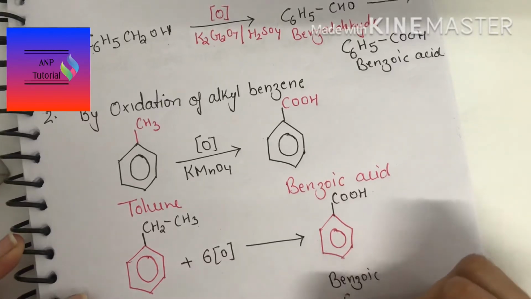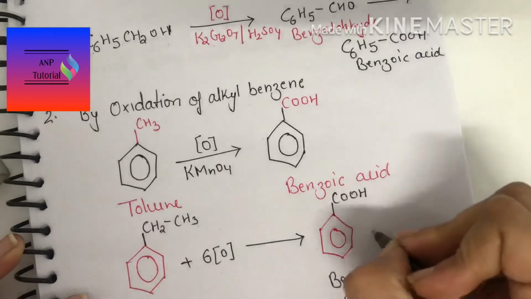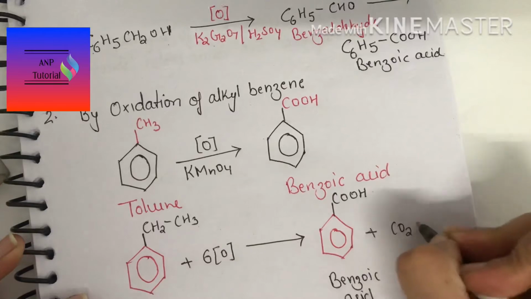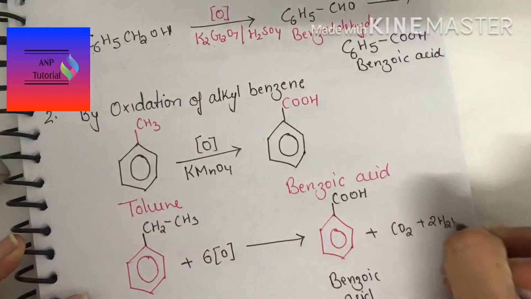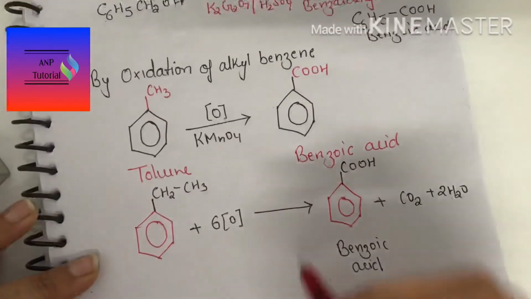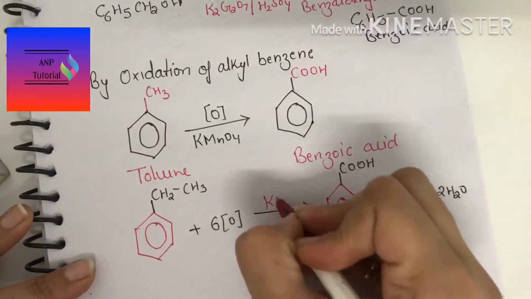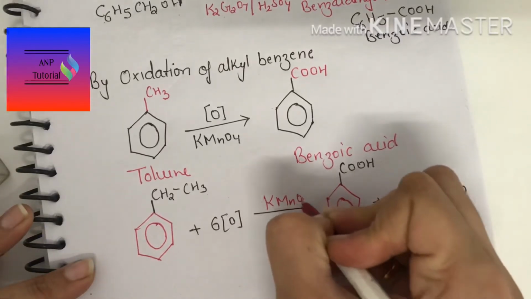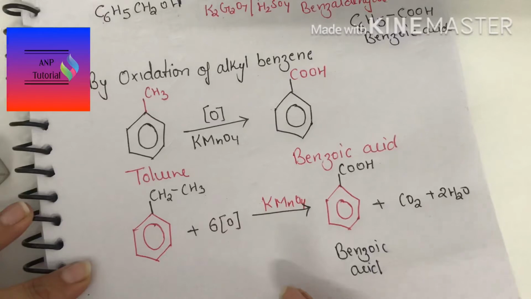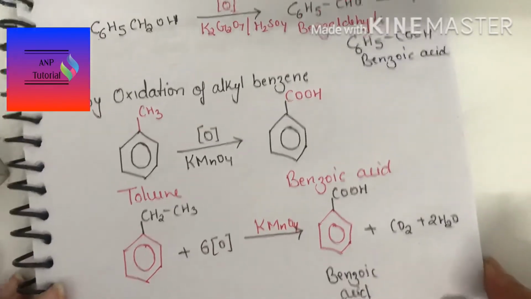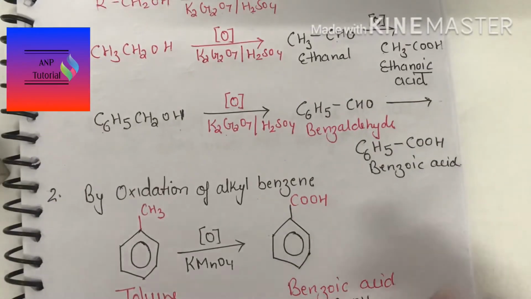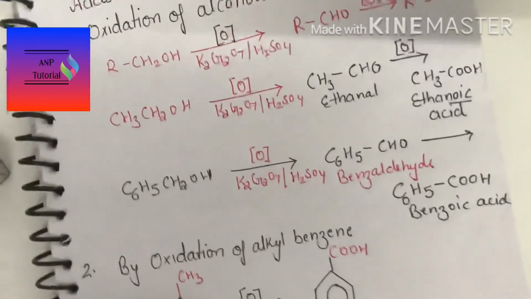By elimination of CO2 and water molecule, this reaction takes place in the presence of KMnO4, potassium permanganate, as reagent. Right. These are the two methods in which we can prepare carboxylic acids.